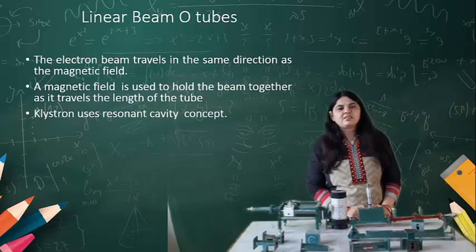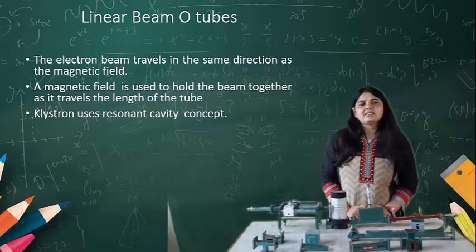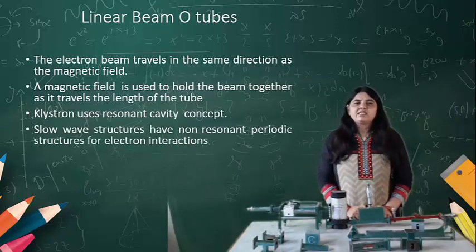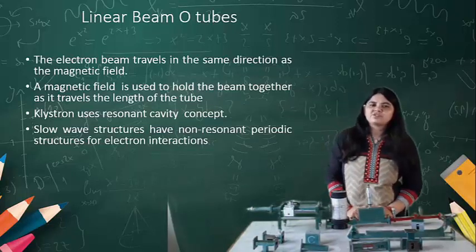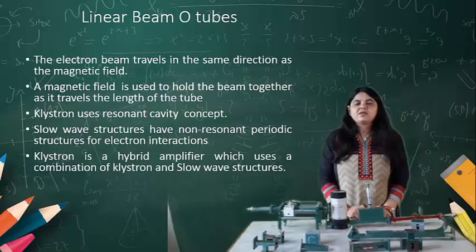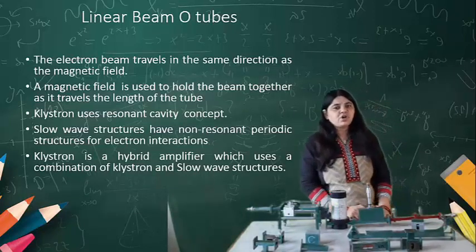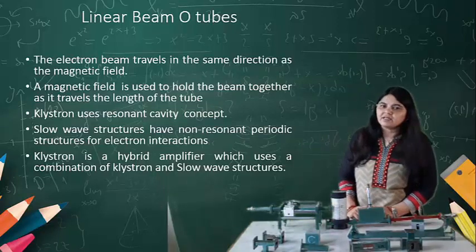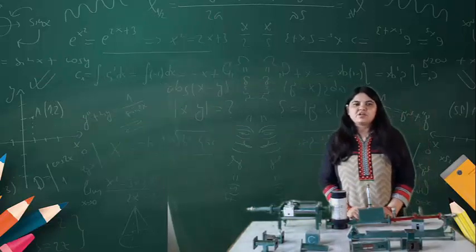So the klystron uses the resonant cavity concept, and the slow wave structure has a non-resonant periodic structure for the electron interactions. Klystron is a hybrid amplifier which uses a combination of klystron and the slow wave structure.